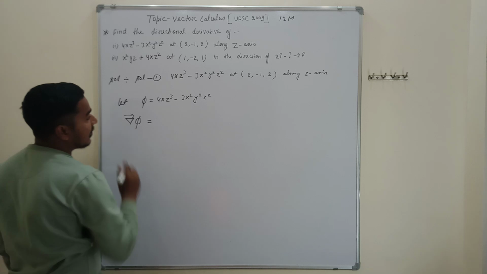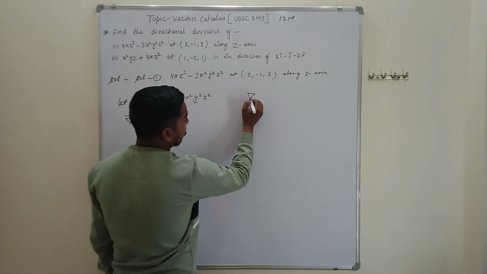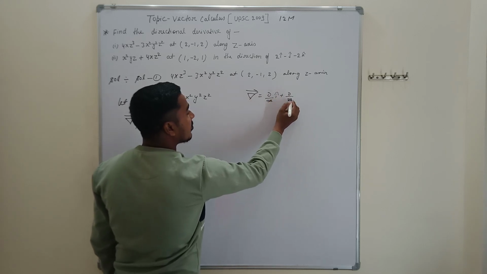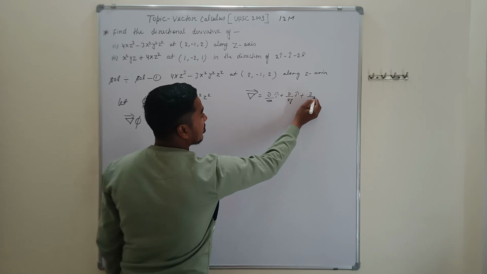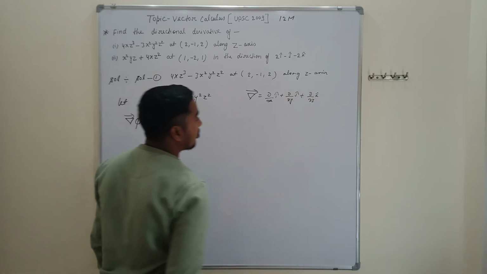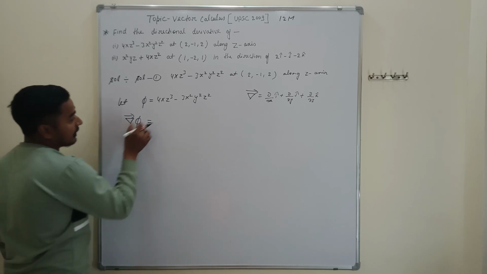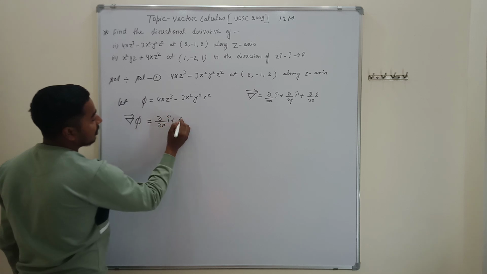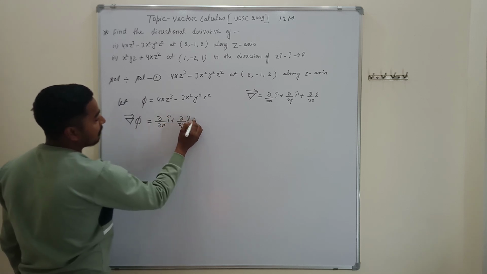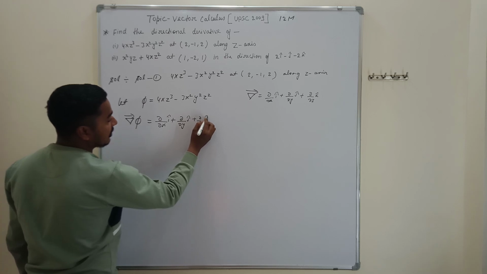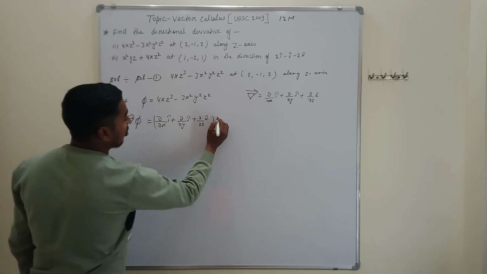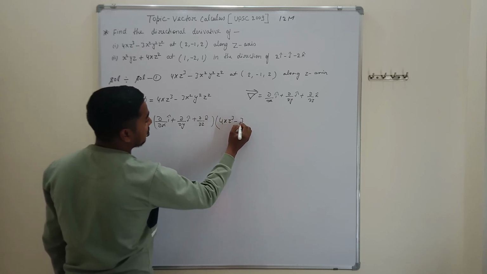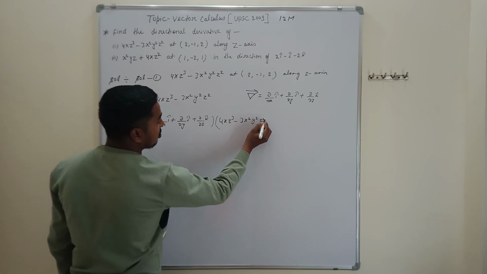Here the del vector represents ∂/∂x i cap plus ∂/∂y j cap plus ∂/∂z k cap, and this operates on 4xz³ − 3x²y²z².